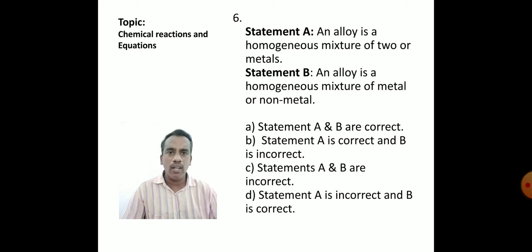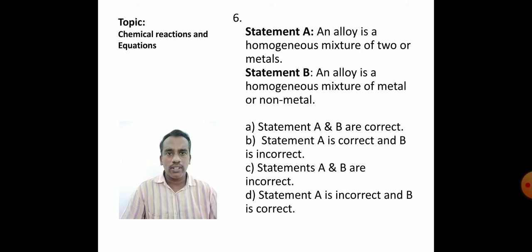Before marking any option, just recall the main concept. The corrosion of iron can be prevented by the process of alloying. We learned this topic in grade 9 also. What is meant by alloying?